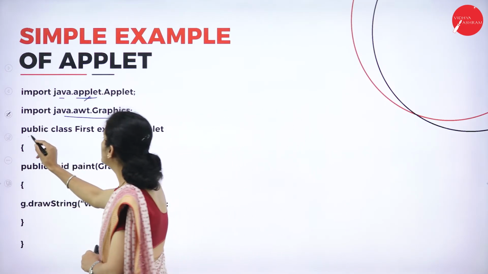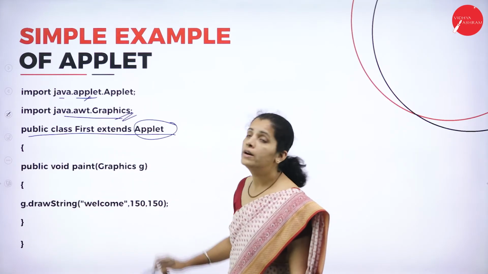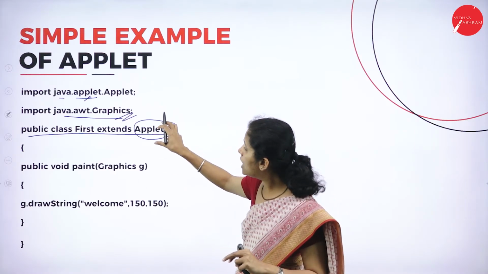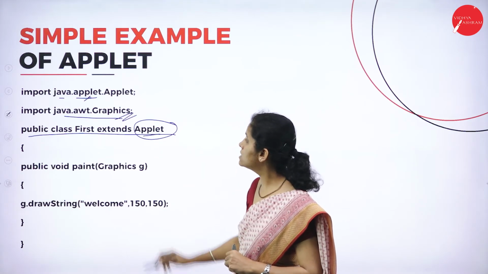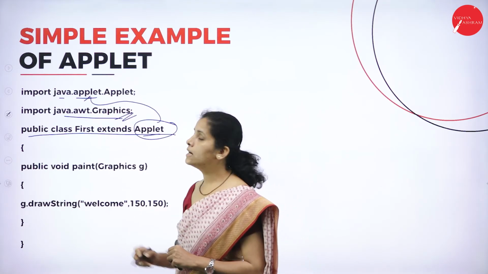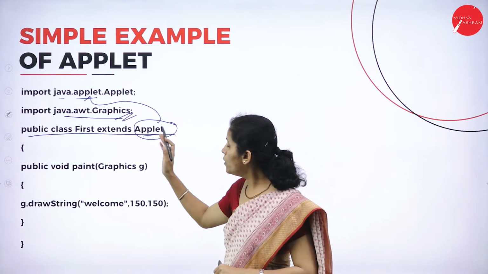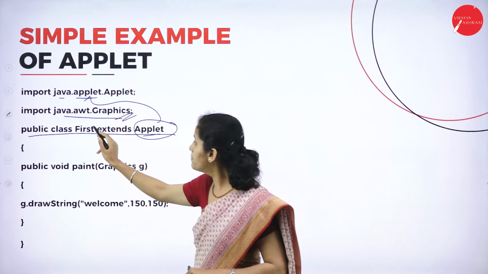I'm going to make use of the features present in the Applet class in my own class. This is the Applet class, present under the applet sub package. Now I'm going to extend the features of the Applet class in my program.